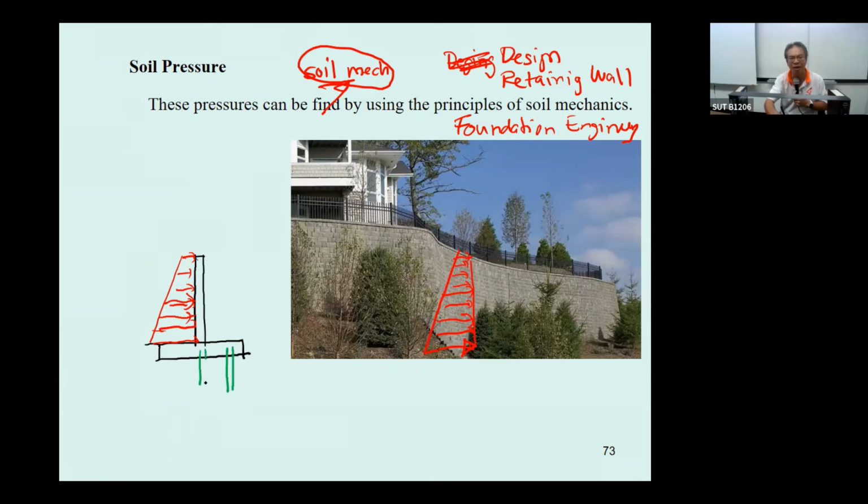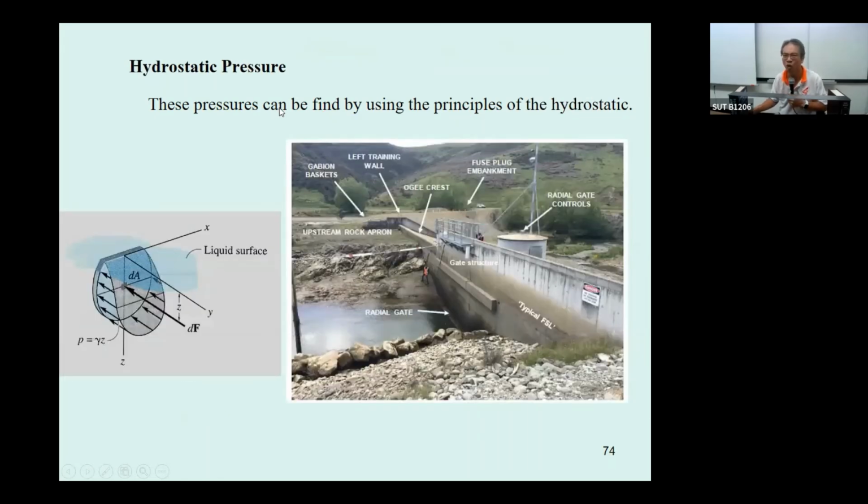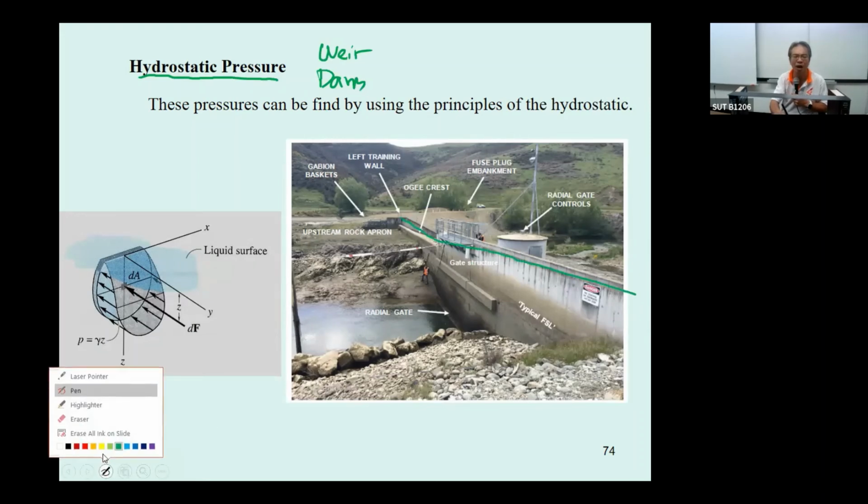If the soil under this retaining wall is weak, you've got to put in piles to strengthen your foundation. Okay, if the soil is very strong, you don't need to have piles, and then you also need to consider the hydraulic pressure. If you are going to design a weir or design a dam, for example, like this dam, it is going to take care of the pressure from the water.